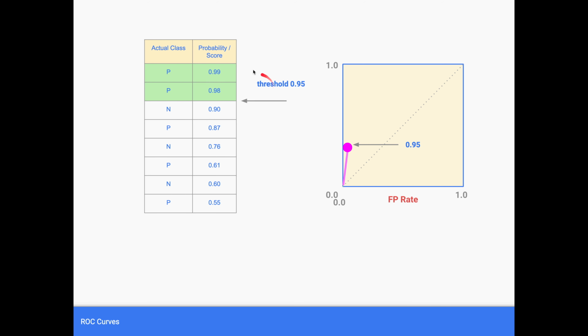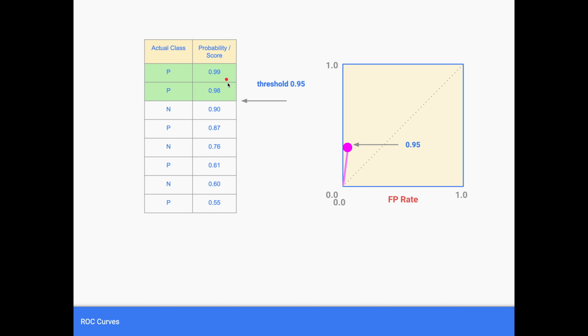And what we can do is adjust a threshold. If we have a threshold of 0.95, everything above that threshold is going to be positive, and everything below that threshold is negative. So this threshold controls the difference between positive and negative outcomes.